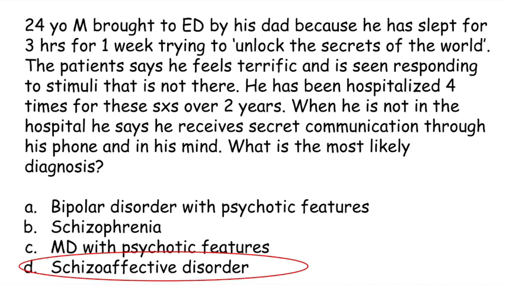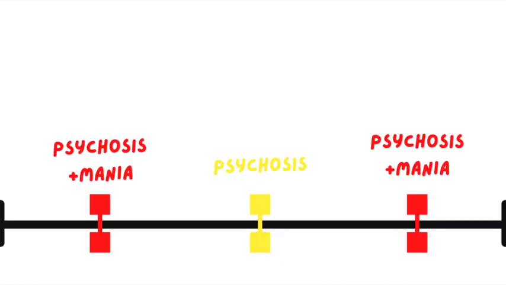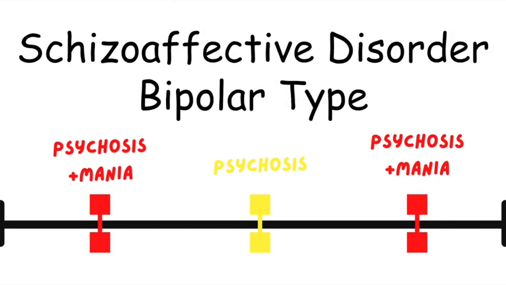So that means their timeline would look something like this. So based on this timeline that you can see here, the best option would be D, schizoaffective disorder. Now let's look at question 2.